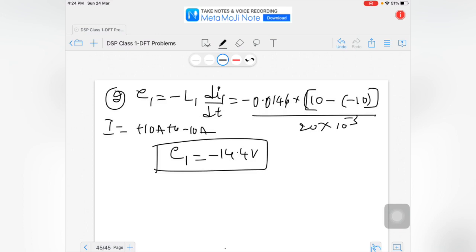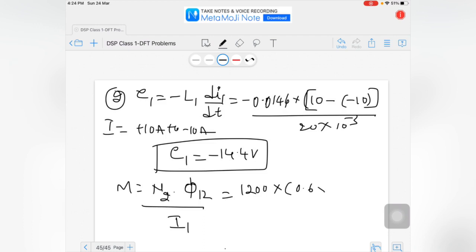Similarly, what is my mutual inductance M? M is equal to N2 into flux phi 12 by I1. Phi 12 is the amount of flux produced in the secondary coil due to the change of flux in the first coil, with respect to the change in current in the first coil. N2 is the same 1200. The flux linking is 60% of the flux in the first coil, so 0.6 into 0.12 into 10 to the power of minus 3.